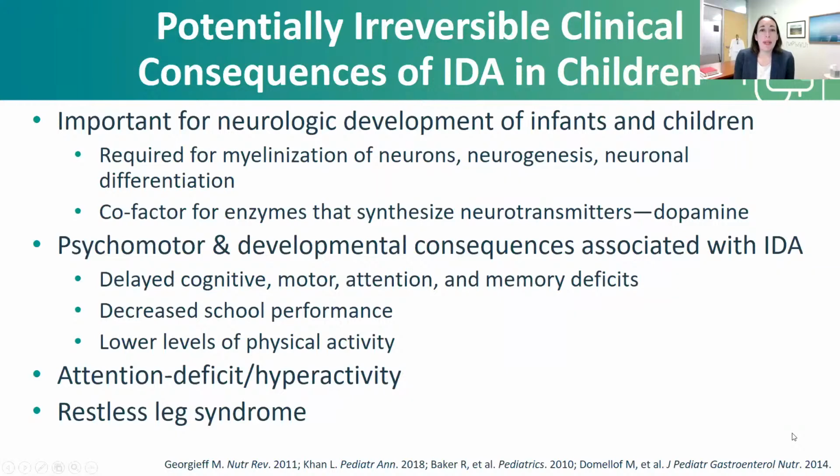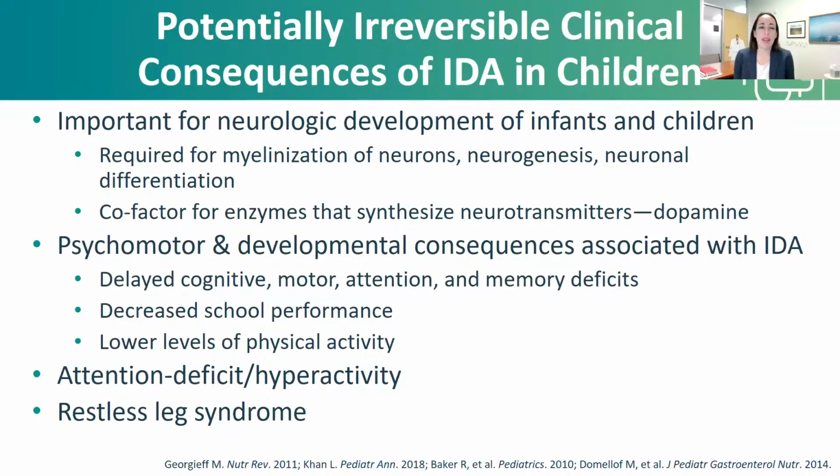So what does this mean? It means iron deficiency has important neurologic impacts on infants and children. Iron is required for the myelinization of neurons, neurogenesis, and neuronal differentiation, which is really crucial during those first few years of life. Iron is a cofactor for enzymes that synthesize neurotransmitters, such as dopamine. There are psychomotor and developmental consequences associated with IDA.